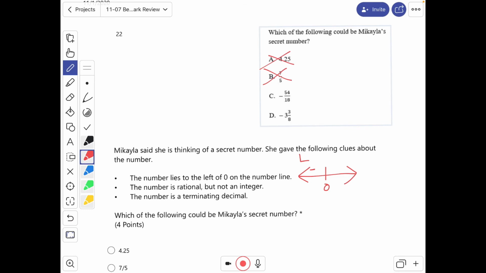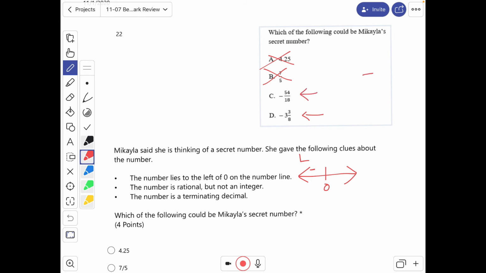The number is rational, but not an integer. So that means it's not a whole number or its opposite. So it can't divide out perfectly. That one shows that it's a fraction and a decimal.